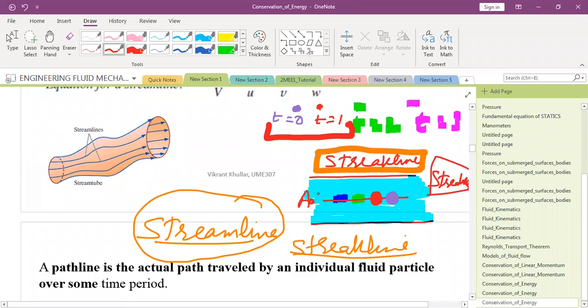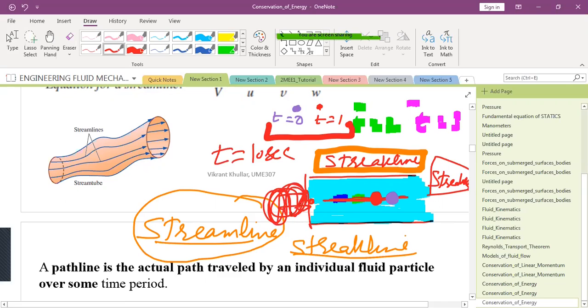But what about the streamline? Streamline is instantaneous. If I take a photograph now and locate this, then this is a streamline. Now say at some other instant, t equal to 10 seconds, I make a flow change using a valve here. What will happen to the flow? The flow might change.